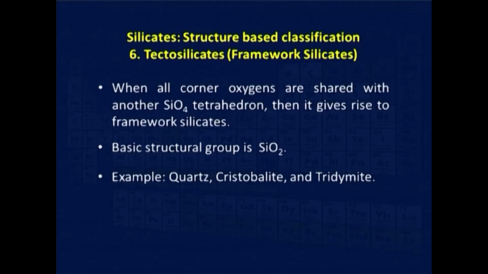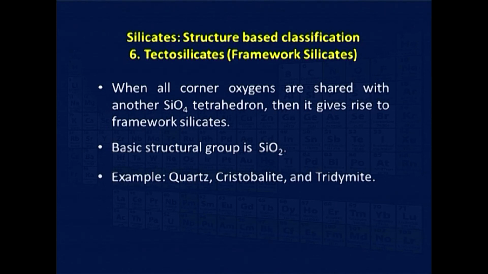Another category is tectosilicate, which has a framework silicate-like structure. When all corner oxygens are shared with other silicate tetrahedra, it gives rise to framework silicate. The basic structural group of tectosilicate is SiO2.